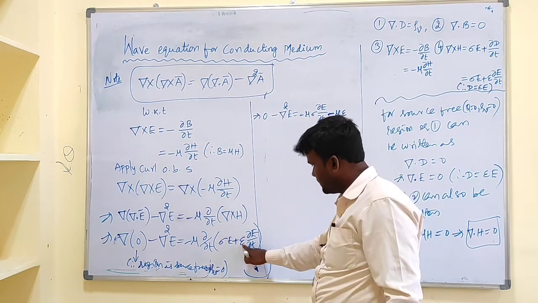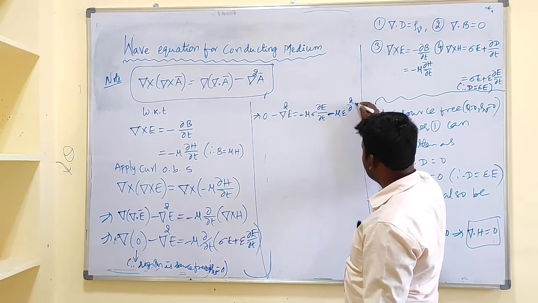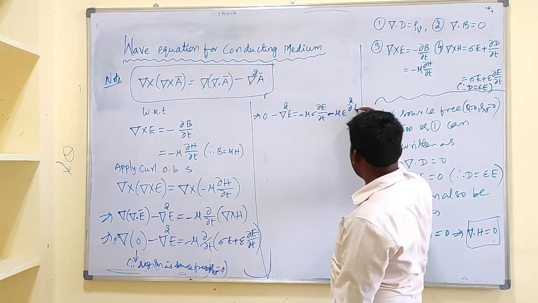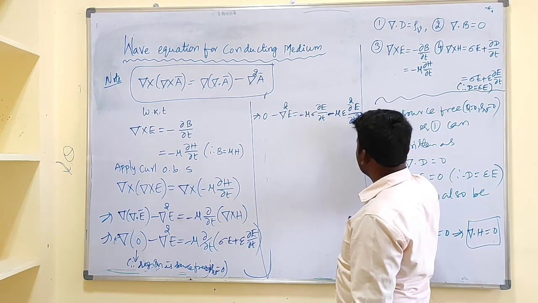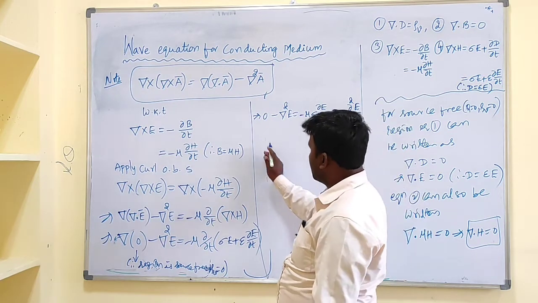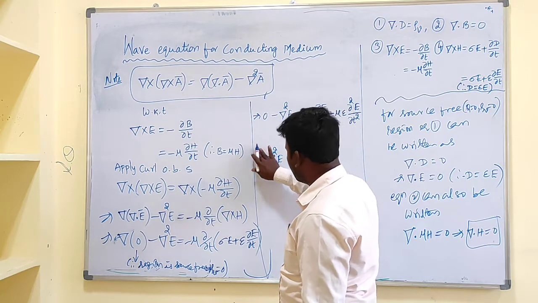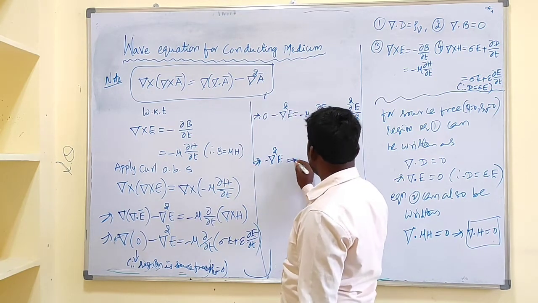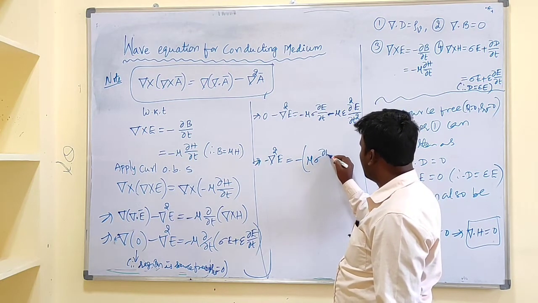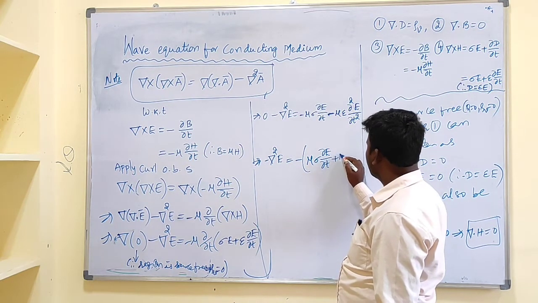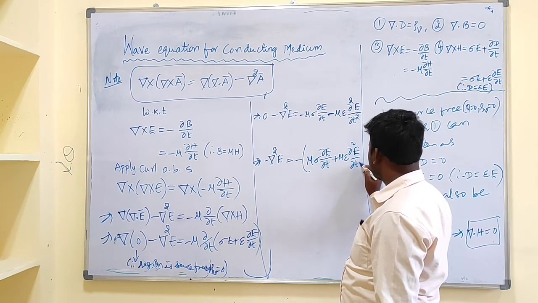Epsilon is constant, we can write epsilon out of this differentiation, and dou into dou, that is dou square, dou t into dou t, that is dou t square. So minus del square E equal to, we can take minus as common, remaining terms are mu sigma dou E by dou t plus mu epsilon dou square E by dou t square.